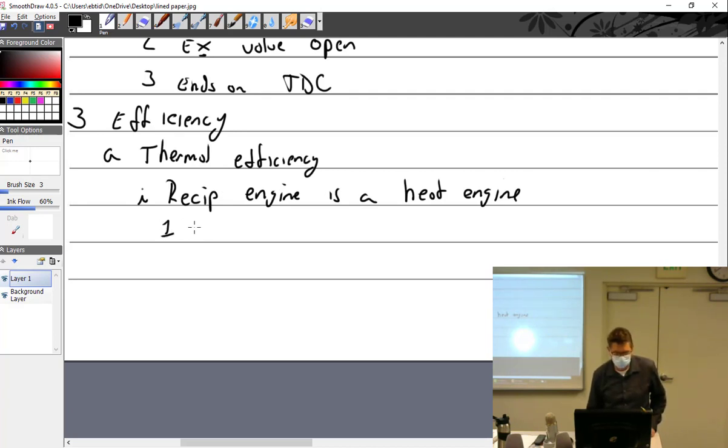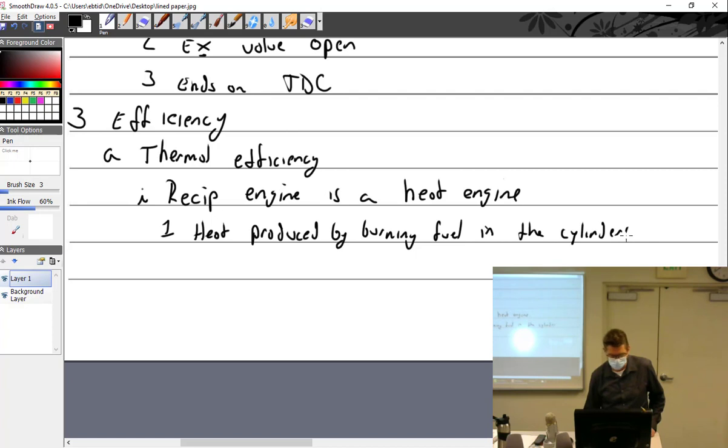So heat produced by burning fuel in the cylinders causes expanding gases that does work.